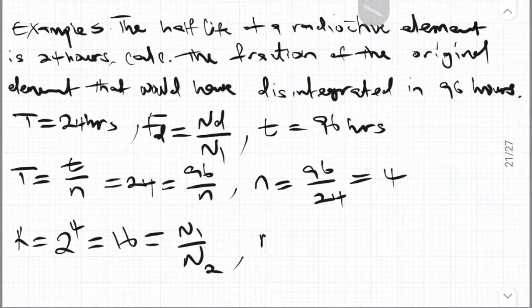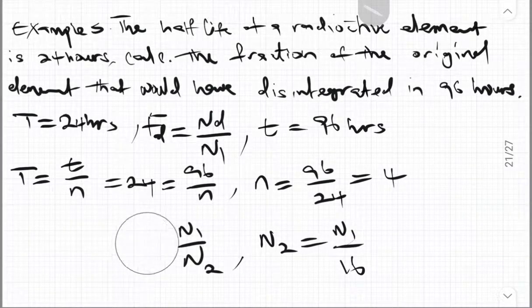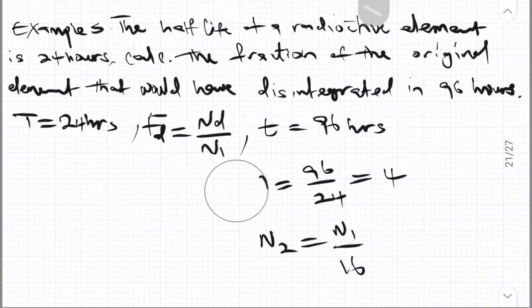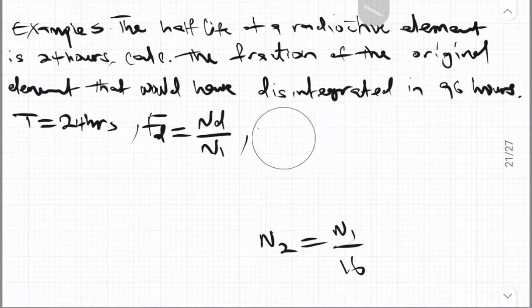So let's find out what N2 is. N2 is equal to N1 over 16, right? N1 over 16. Okay, so let's erase some space. Now our goal is to find the fraction that disintegrated, or the fraction that decayed, right? The fraction that decayed.